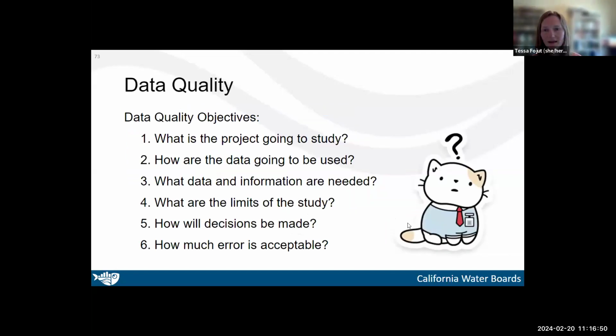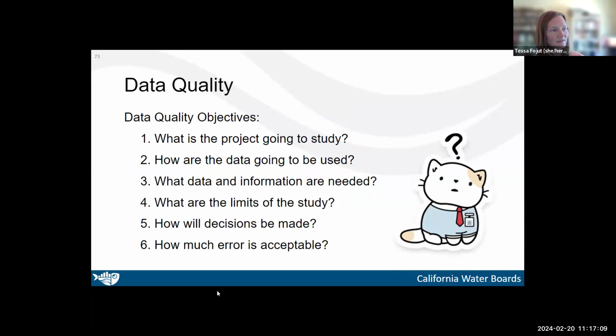And so the questions that this QAPs Made Easy workbook takes you through, we refer to these as data quality objectives, because you need to be able to answer these questions to get the data quality that you need to fit the purpose of your study.